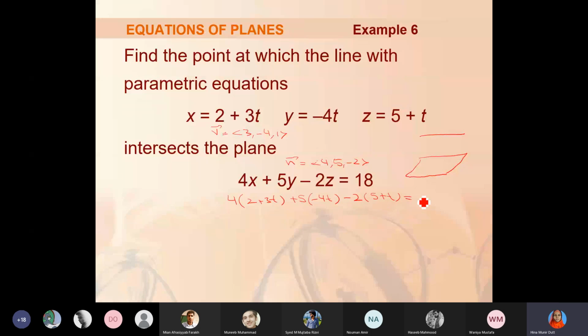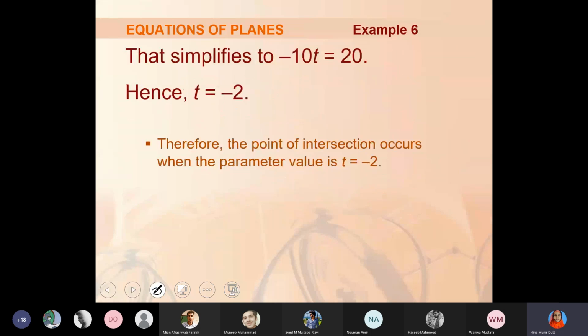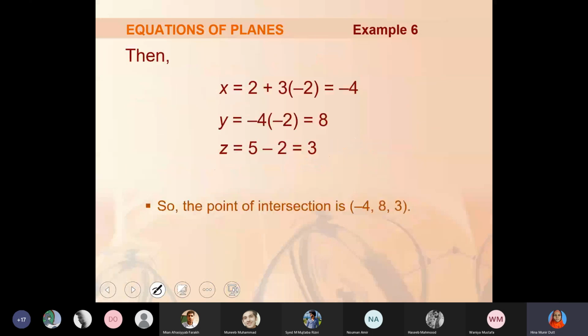Now I will simplify this equation and find the value of t from it. The value of t is minus 2. So t is equal to minus 2, put it in the parametric equation of the line. I will get that point, which is the point of intersection of the line and the plane.